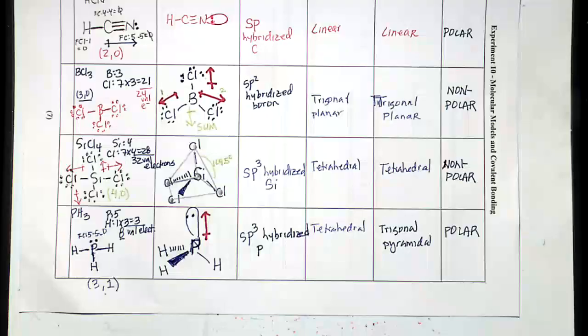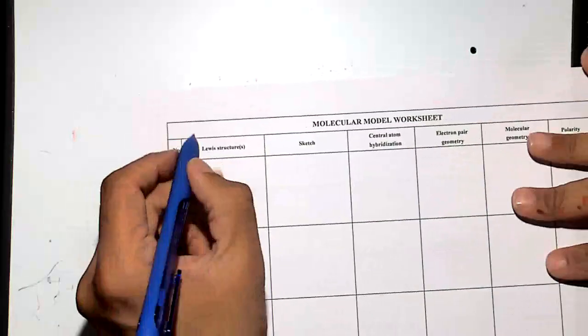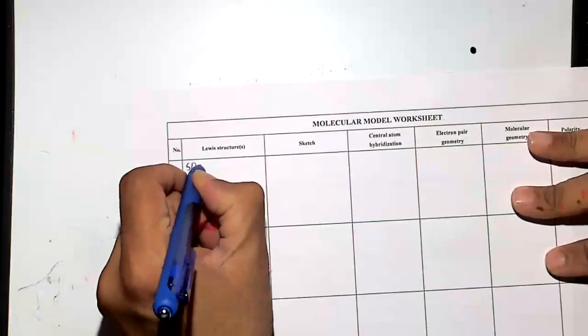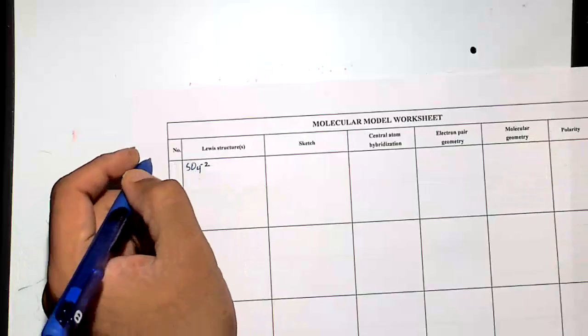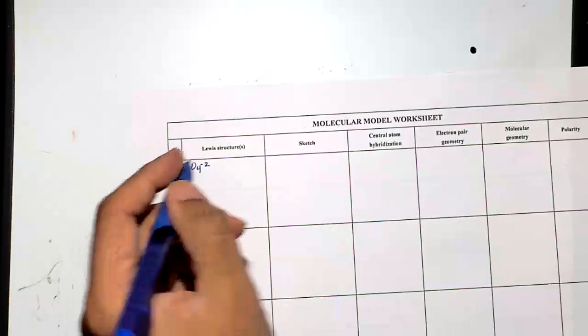All right, 4 down, 6 more to go. What's the next one? SO4 minus 2. Sulfate ion. There'll be 2 double bonds.